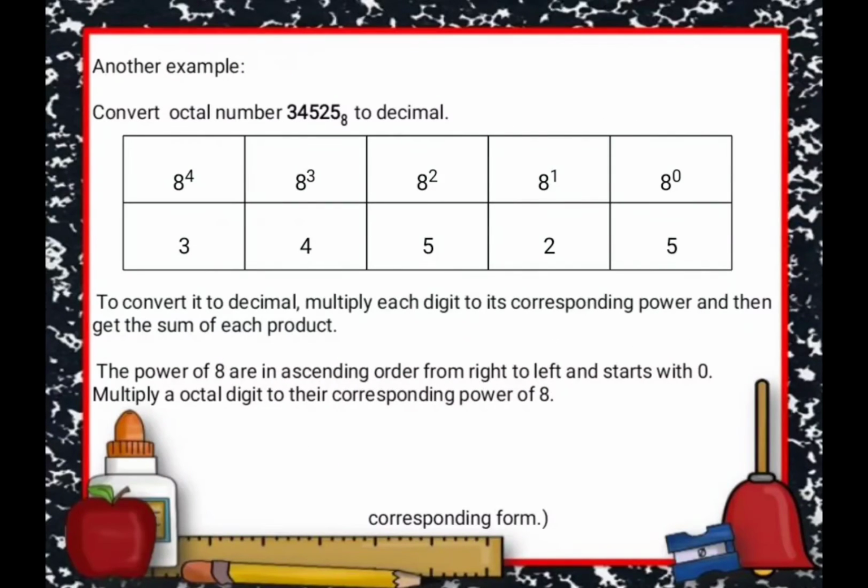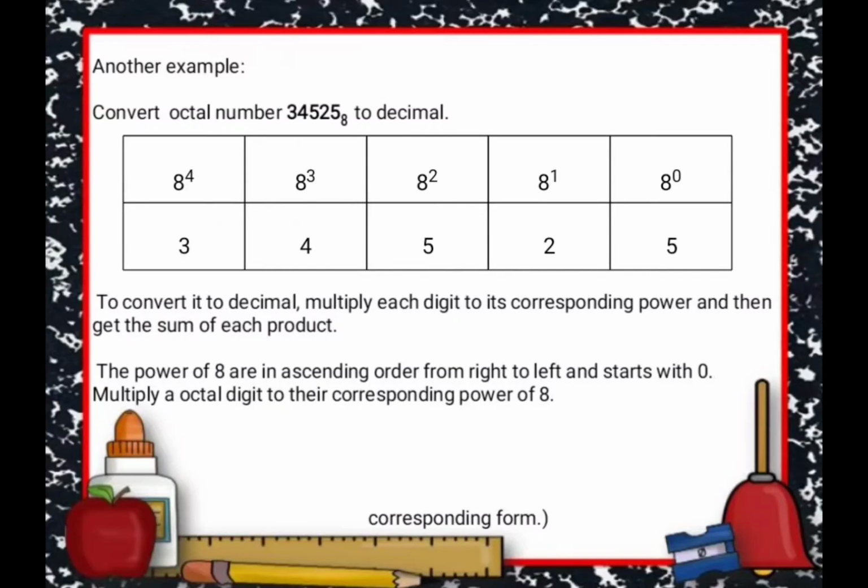So here, convert octal number 34,525. So as I told you in the first example, we have to multiply each digit to its corresponding power and then get the sum of each product.